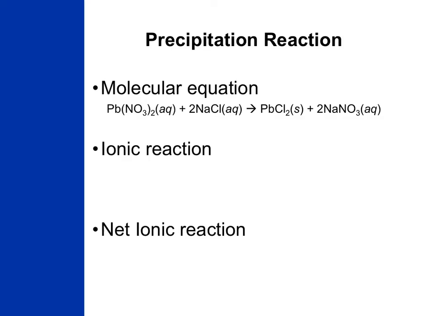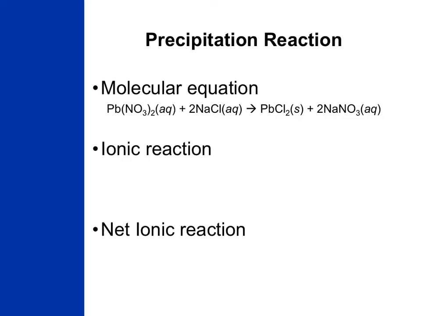As we move through chemical reactions and precipitation reactions, and we go from talking about the substances in general to when they break apart in solution and what ions are present in solution, we talk about the ionic reaction. The ionic reaction shows all the ions that are present in the solution. If you think about taking the starting materials, the lead-2 nitrate and the sodium chloride, and mixing them in a beaker, what ions become present?